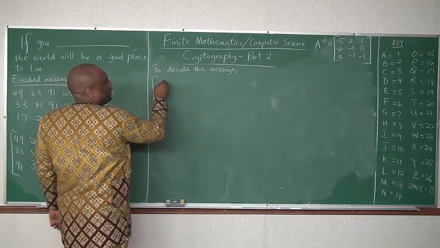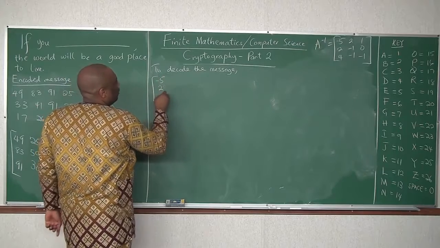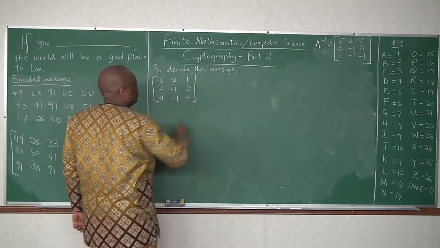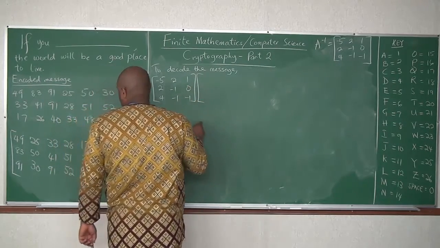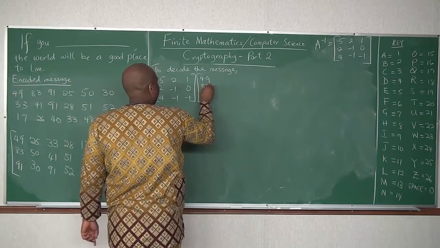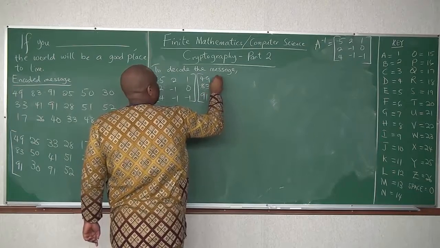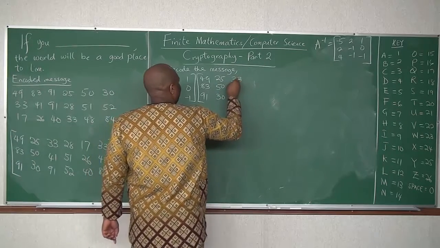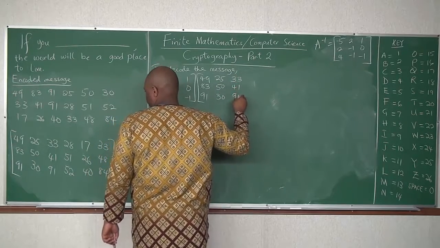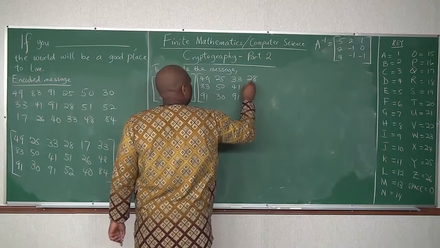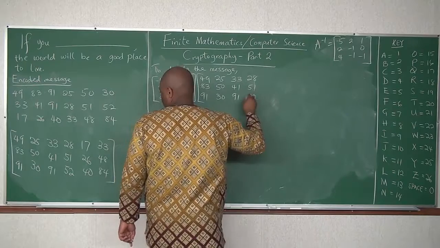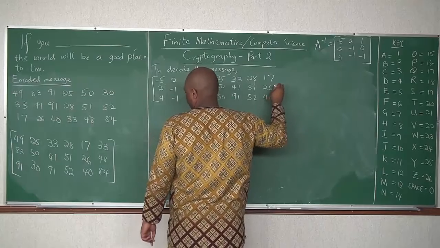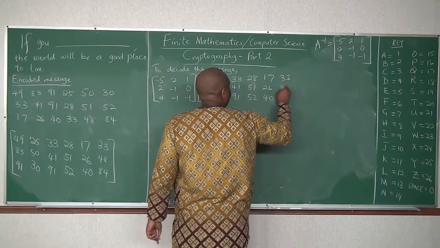So what we have here is -5, 2, 4, 2, -1, -1, 1, 0, -1, times 49, 83, 91, 25, 50, 30, 33, 41, 91, 28, 51, 52, 17, 26, 40, 33, 48, 84.